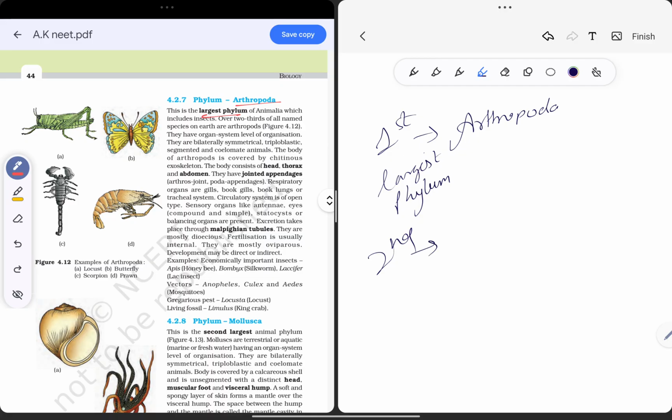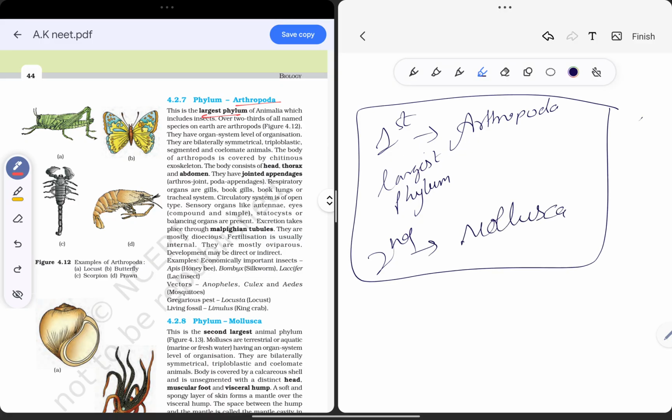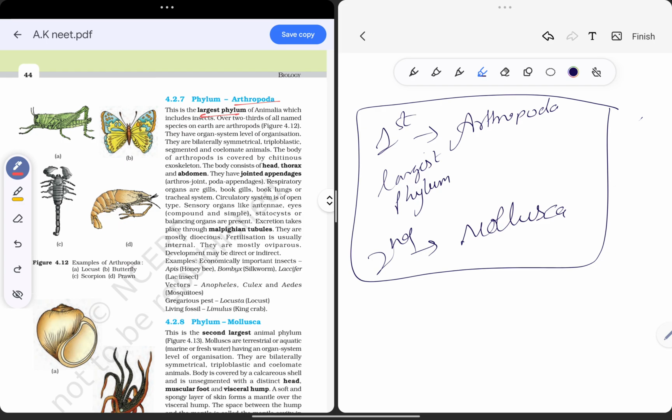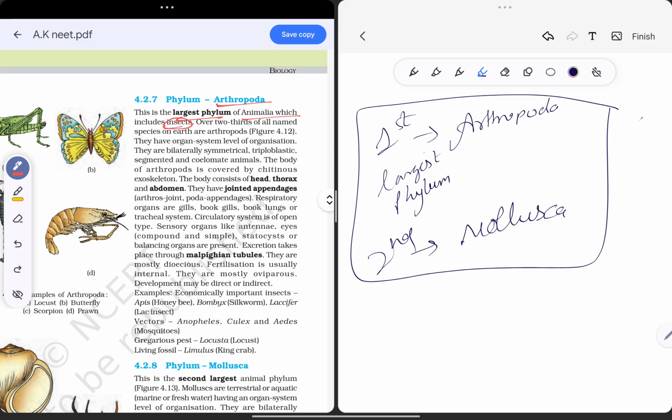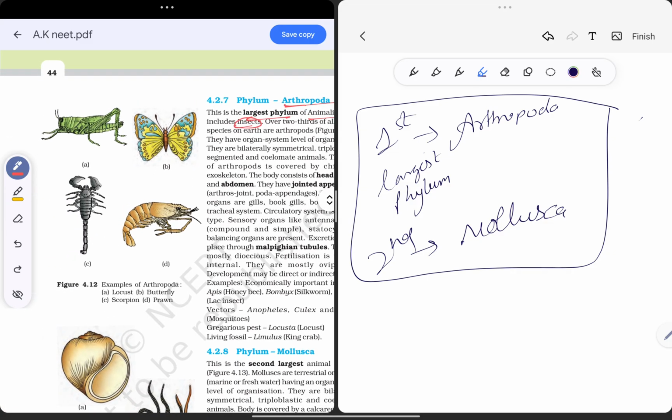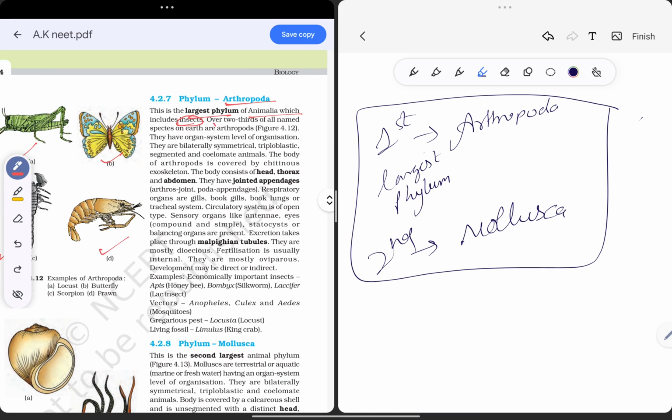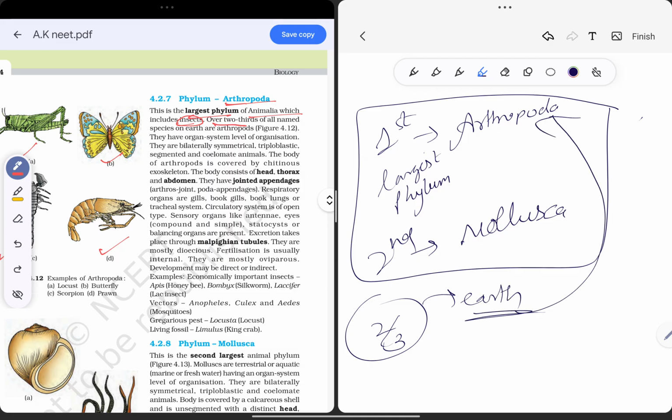The second largest phylum is Mollusca in non-chordates, okay? Animalia includes insects. Insects are included in the Arthropoda. Examples: the first one is locust, second butterfly, third scorpion, fourth prawns. Over 2/3 of all the species on earth are arthropods.